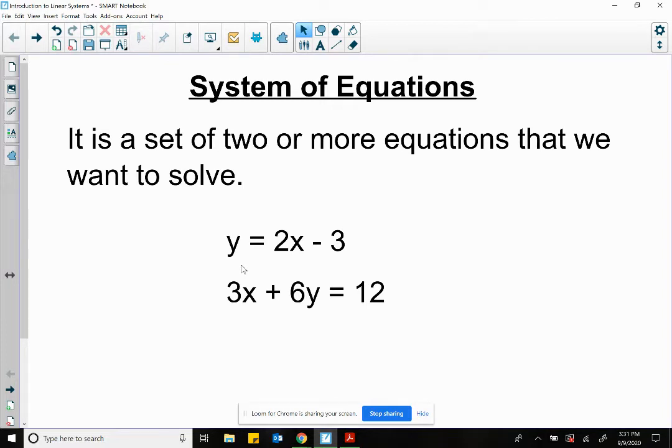And again, they're going to be linear in nature. So we're going to try and keep it as low as what these systems can be. Okay. So everything that we're dealing with, keep in mind, is linear, which means that they are lines. Okay. So that's the basic definition of a system. There's what a system looks like.